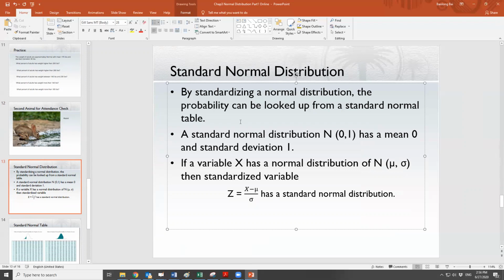So we're going to define a special distribution. We know the normal distribution has 2 parameters, mu and sigma, right? If we set mu equal to 0 and sigma equal to 1, that's a standard normal distribution. We call that a Z distribution. Okay. So a Z distribution has population mean equal to 0, population standard deviation equal to 1, and it's a normal distribution.